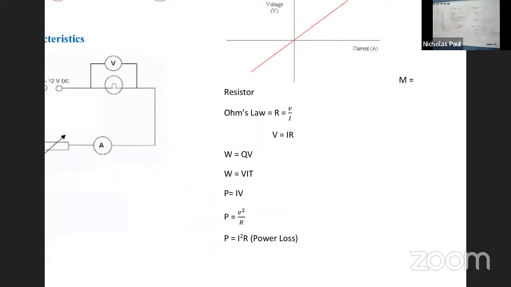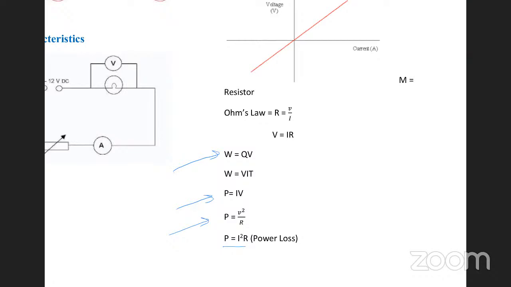Here are some other formulae that you need to learn. W is electrical energy. So electrical energy is QV, or VIT. Power is IV, or V squared over R, and power loss is I squared R. Make a note of that because we're going to use that just now.